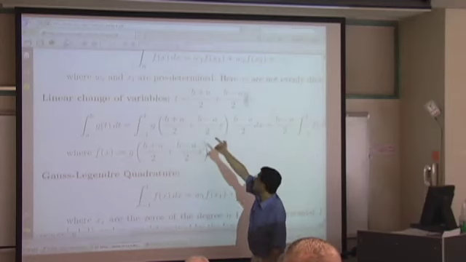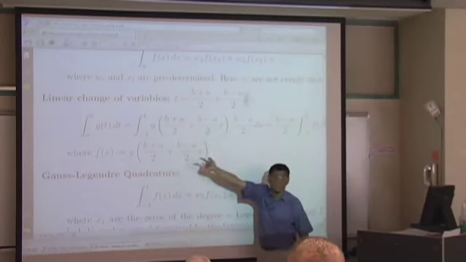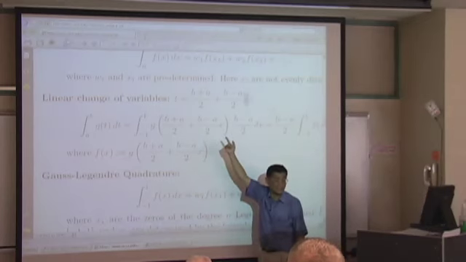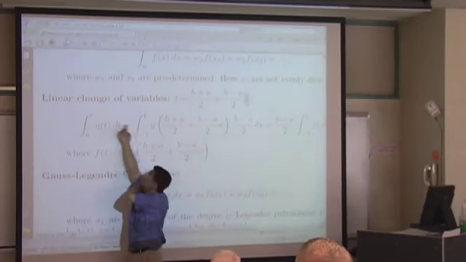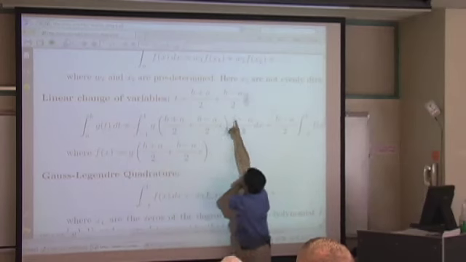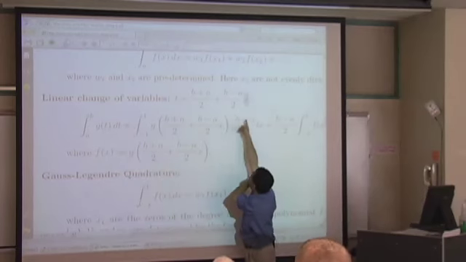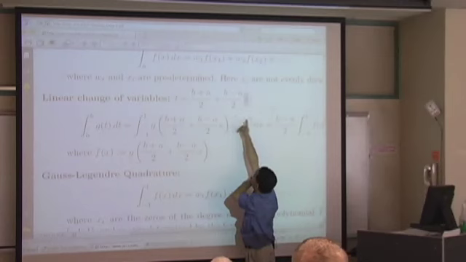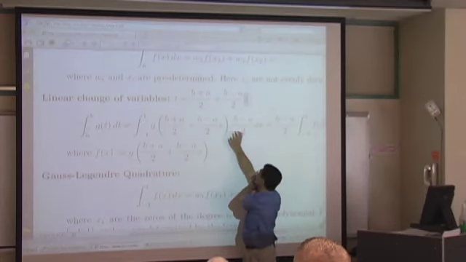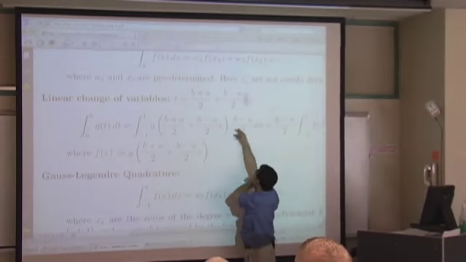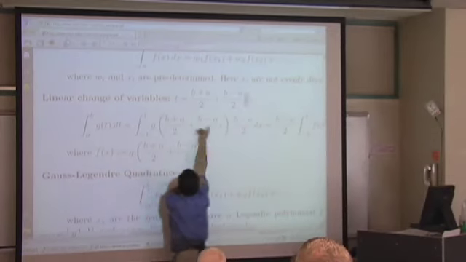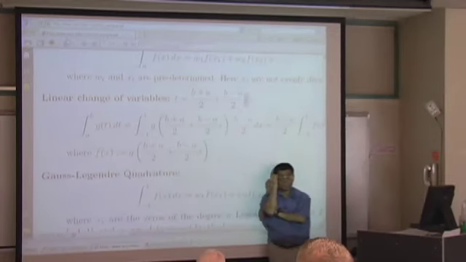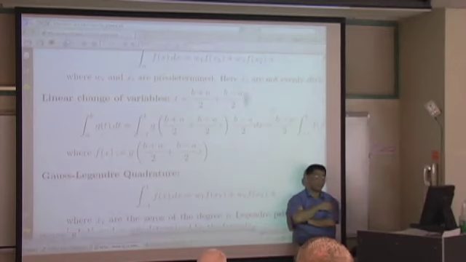Then because of this change of variable, we should use the chain rule, right? So dt and dx are calculated. The problem is given this way in the form of dt. But if we differentiate, dt is (b minus a) over 2 times dx, right? So we should replace dt by this one. And t here is also replaced by this one. Just change a variable.